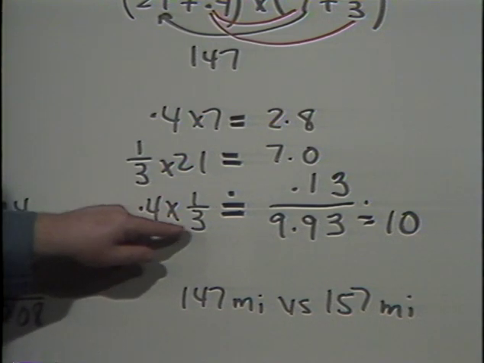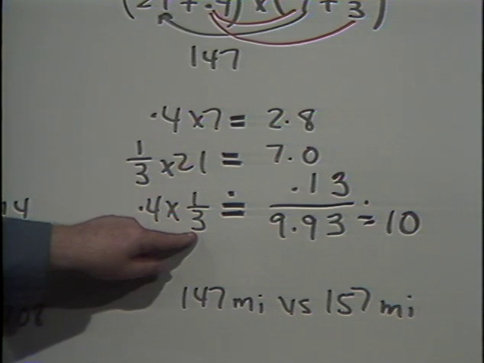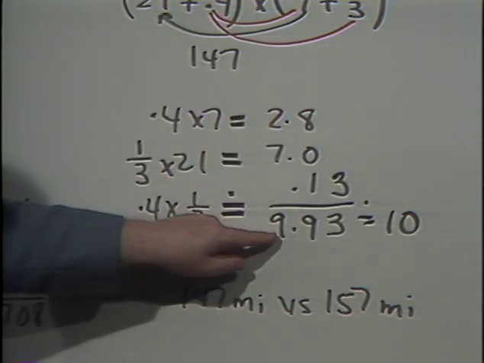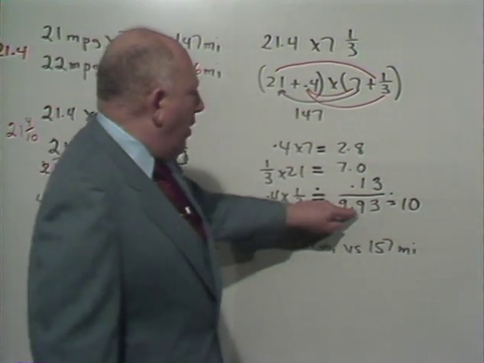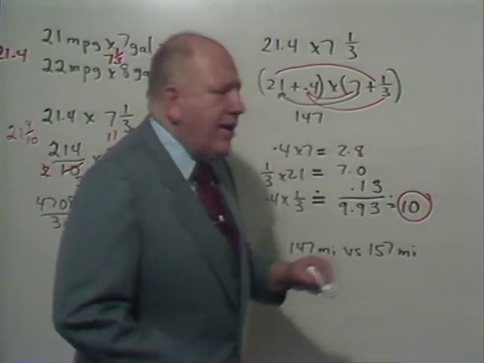This happens to be 0.13, but who really cares? If I add this up, I get 9.93. In other words, I threw away 9.93 miles, which to the nearest mile is 10 miles.